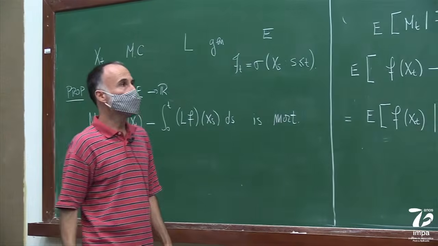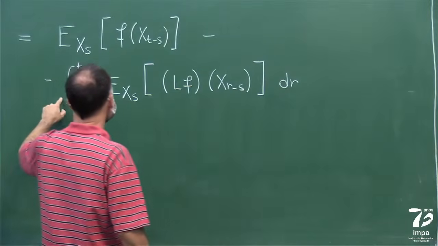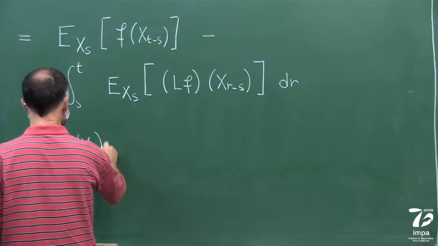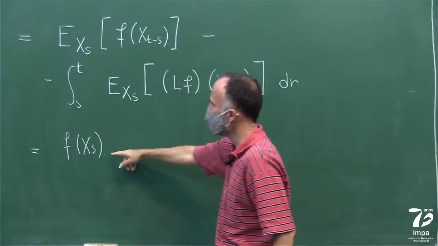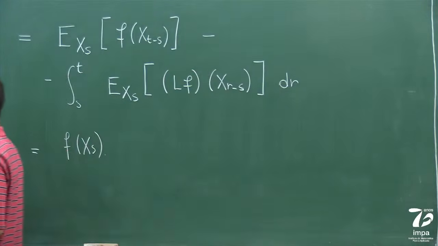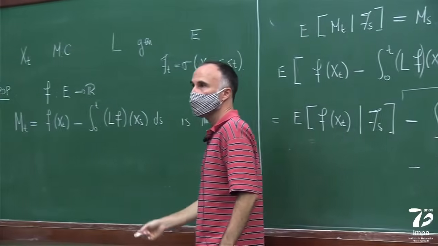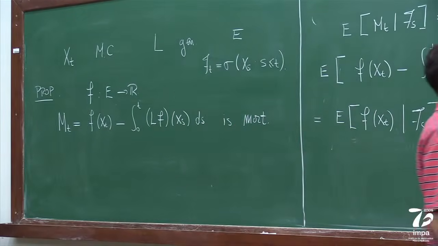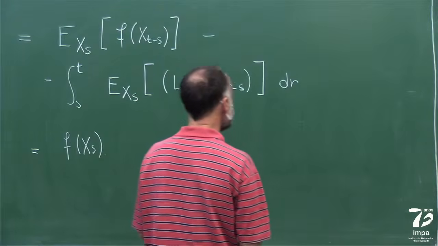So what I need to do is to show that the first minus the third one is equal to f(x). Because if I prove that this difference is f(x), what will remain? It's f(x) minus this integral, and this is exactly M_s. So I have to show that this difference is equal to f(x). Okay, so this is the goal.